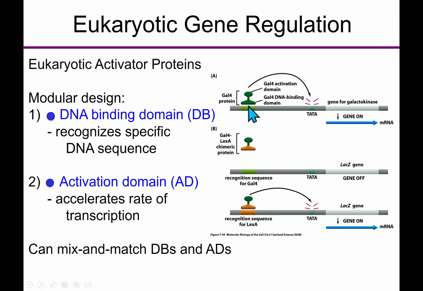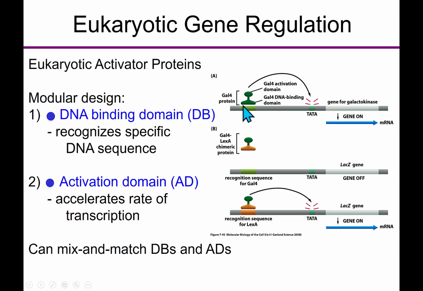And when it has recognized a specific sequence, then its activation domain will be activated. Then it can help activate transcription, so activating other proteins, etc. And then you'll activate, say, as an example, the factors at the TATA box, and you get gene transcription, right? So again, you need your DNA binding domain recognizing a specific sequence. When the protein is on the DNA, then the activation domain's activated. Then you get activation of transcription.